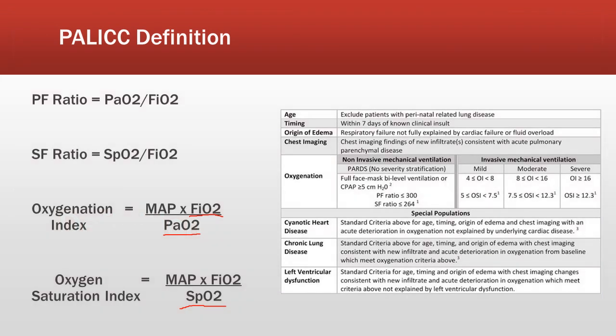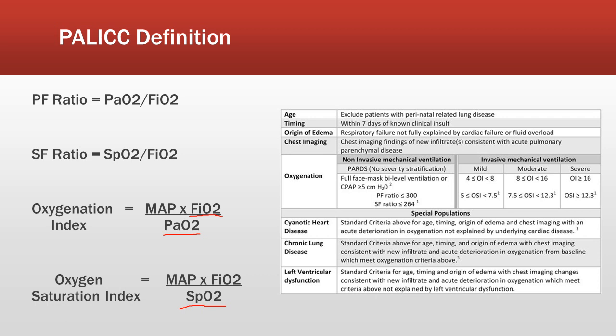Now when we start looking at the definition, it really was put forth by PALIC, and there are criteria that you have to meet before you simply get to the hypoxemia. For example, there is an age requirement: patients that have perinatal related lung disease are not included within this patient population. In addition, the timing of the hypoxemia has to be within 7 days of a known clinical insult.